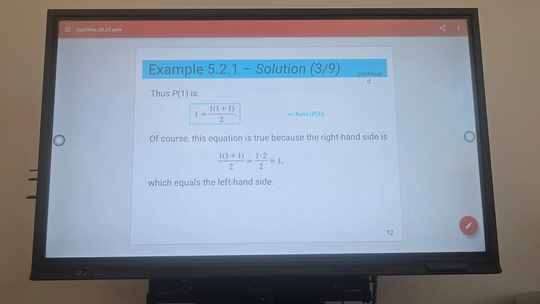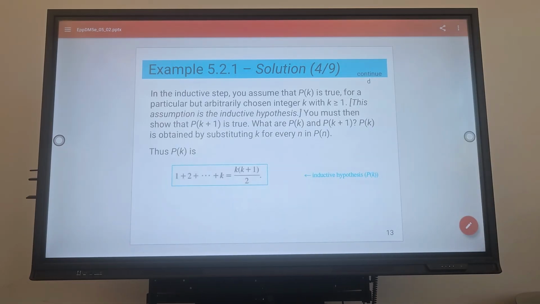Thus, P(1) is 1 times (1+1) over 2. Of course, this equation is true because the right-hand side is 2 over 2, or 1, which equals the left-hand side. In the inductive step, you assume that P(k) is true for a particular arbitrarily chosen integer k.